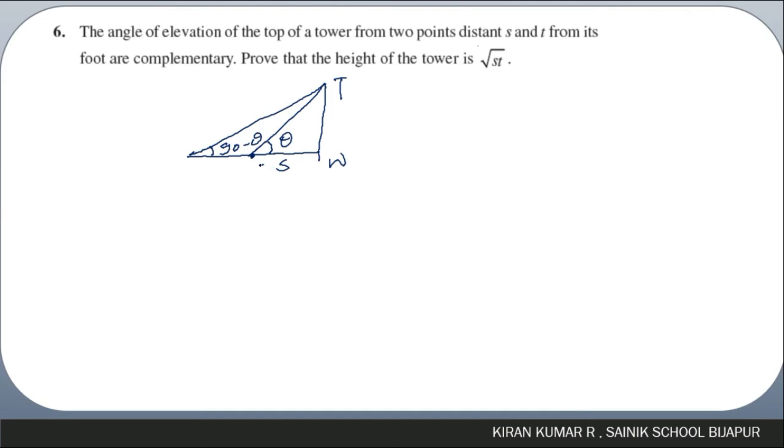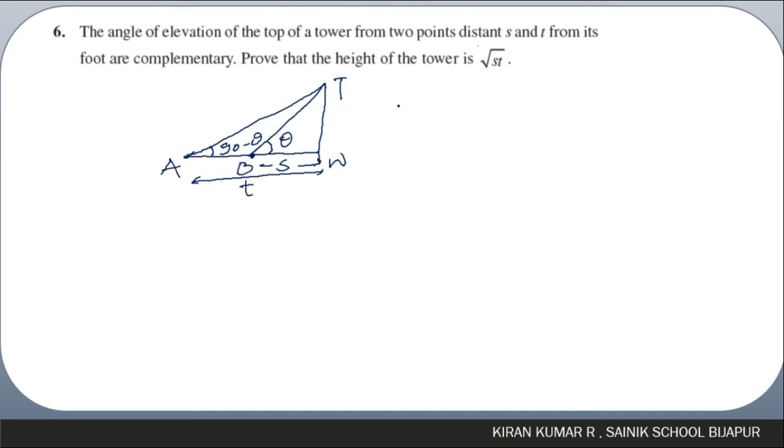If this distance is taken as S, the other point distance should be taken as T. Let me name this point as A and this point as B.